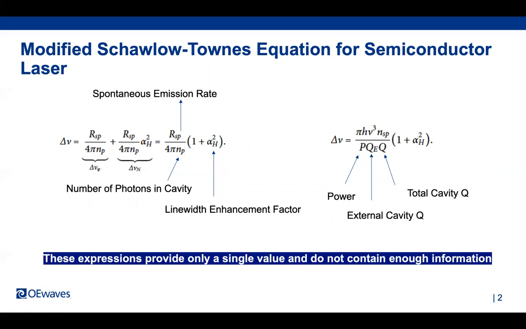Number one, it is a single, simple parameter, and because of that it doesn't give insight into how else the laser noise can impact the performance of an application. Furthermore, associated with line width is the bandwidth within which that line width was measured, and if that's not given, it's very difficult to compare the performance of one laser with respect to another.